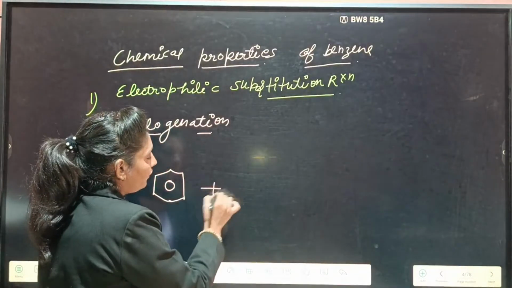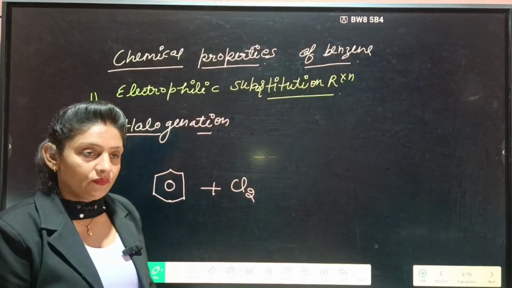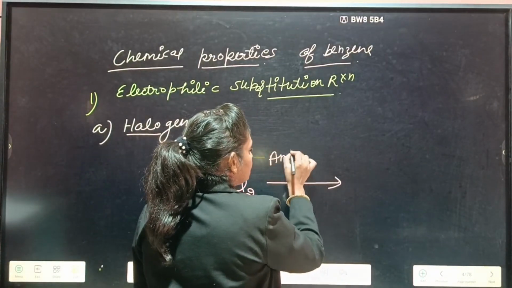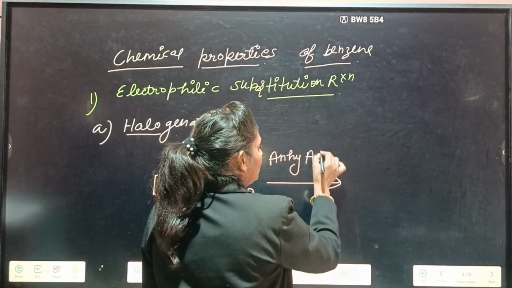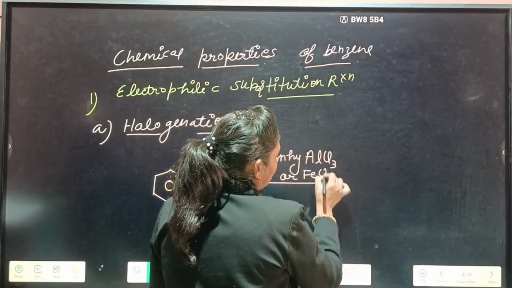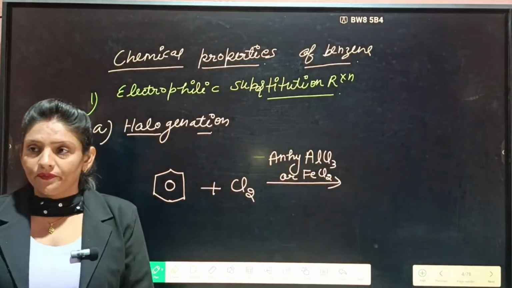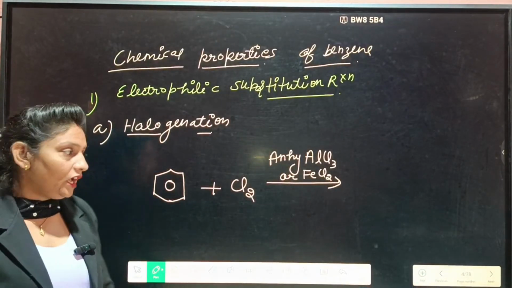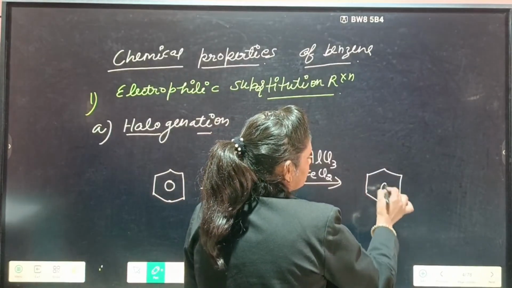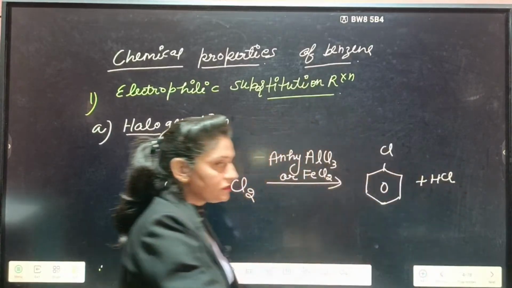If we have halogen and we do the reaction in presence of anhydrous aluminium chloride or anhydrous FeCl3, any one condition we can follow. Then students, what will happen? We will get chlorobenzene plus HCl.